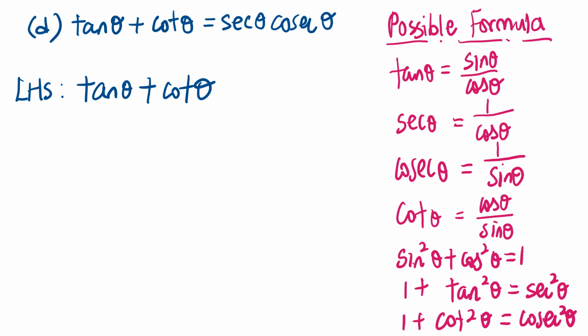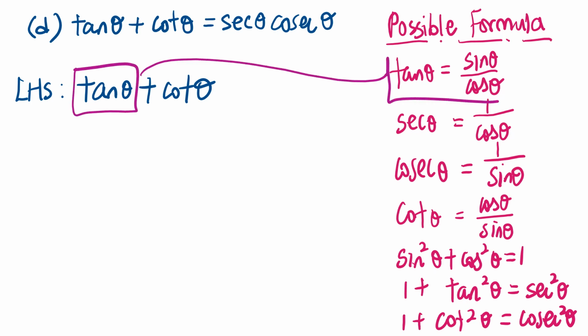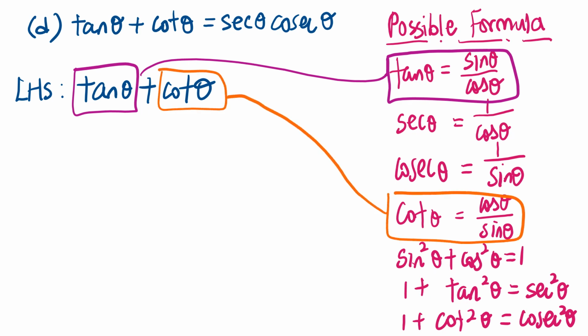Tangent theta we can write as sine theta over cos theta, and cotangent theta will be cos theta over sine theta. Can you see the technique that we're using here? Write down all the possible formulas, then look at the question and try to do a match. Look at the formulas and see which one we can use to match the question.